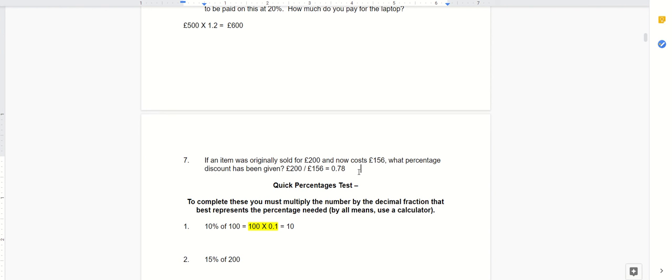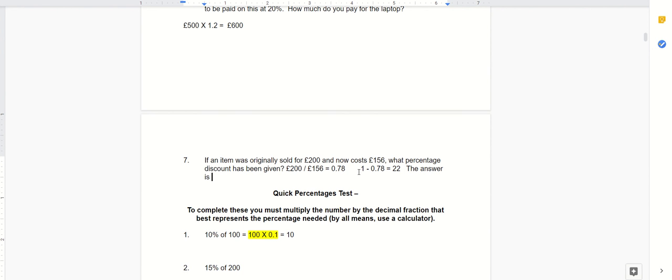So 1 minus 0.78 equals 0.22. The answer is 22%. There you go. So the answer there is 22%.